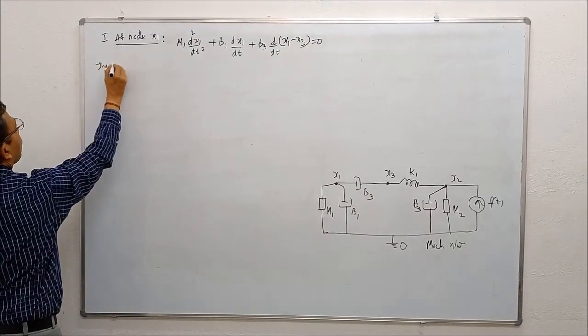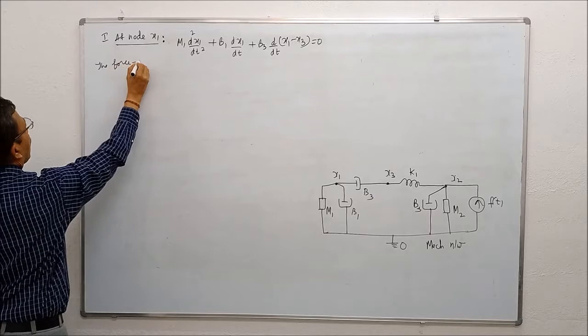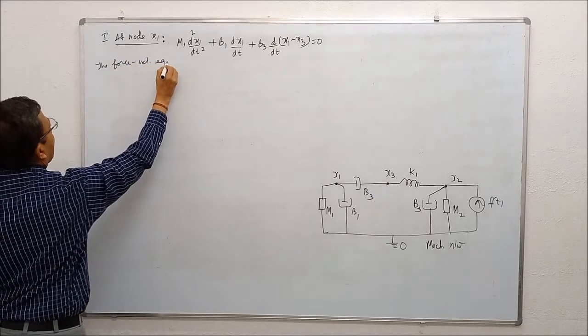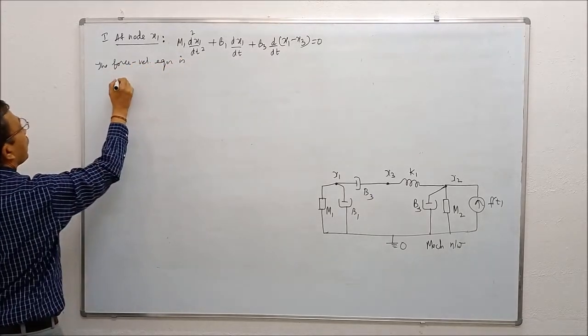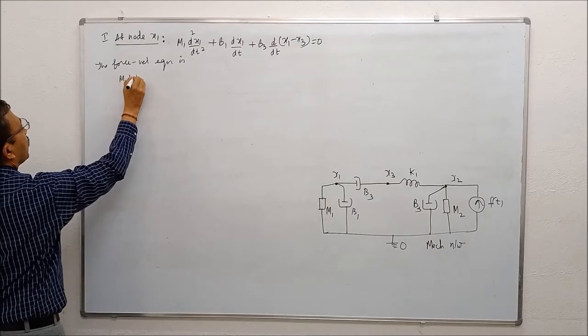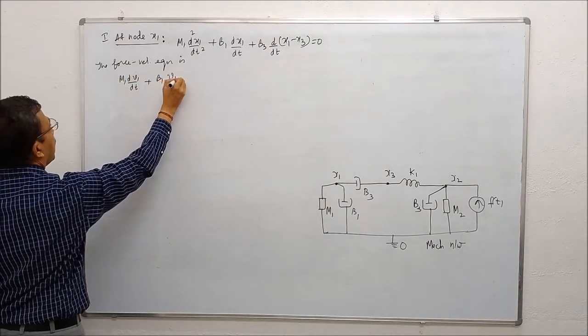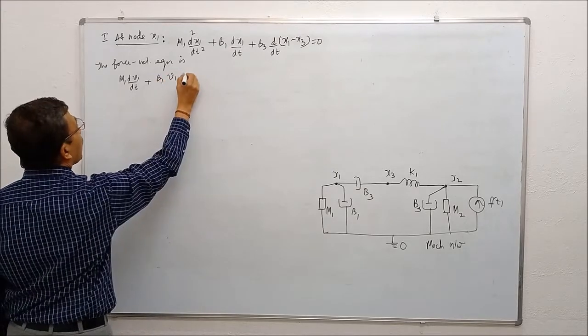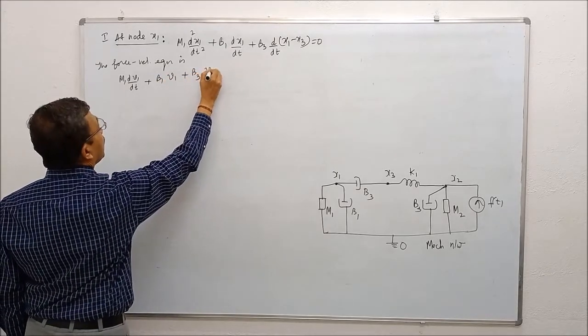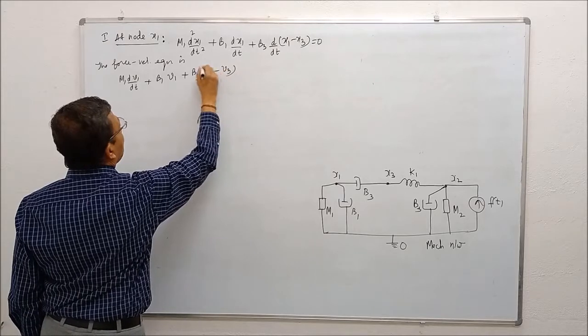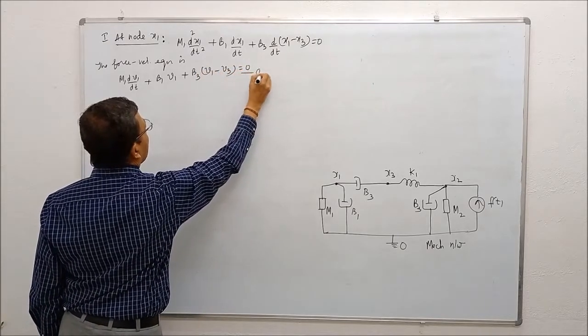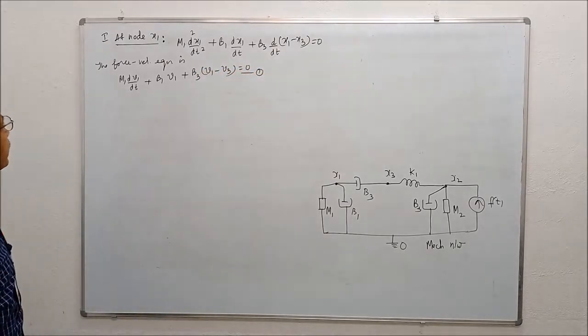The force velocity equation is m1 into dv1 by dt plus B1 into v1 plus B3 into v1 minus v3 equal to 0. This I call equation 1.